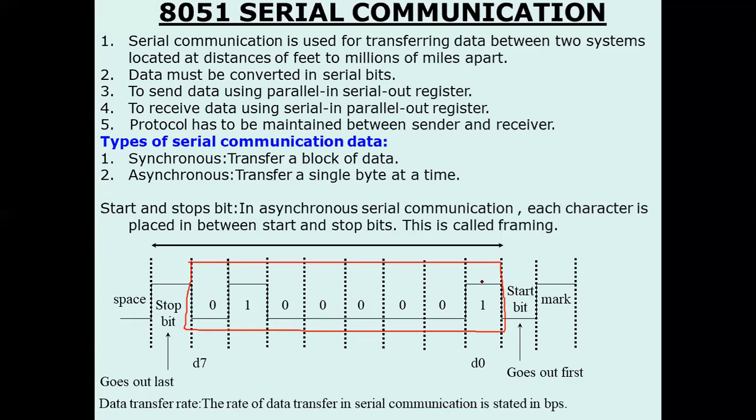At first this 1 bit is transferred, then 0, then 0, then 0, then 0 0 1 0, like this the bits are transferred.